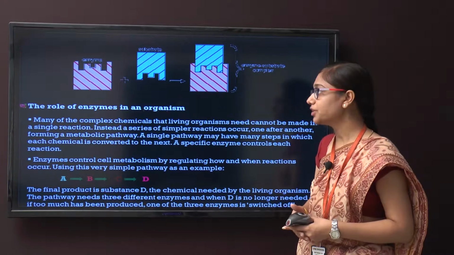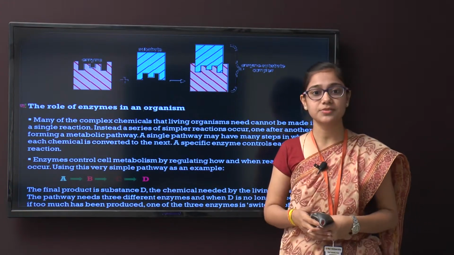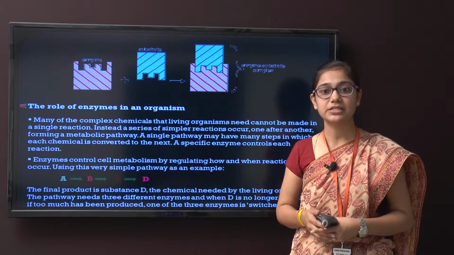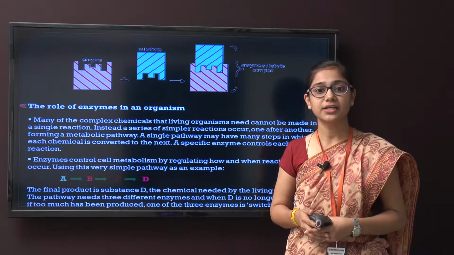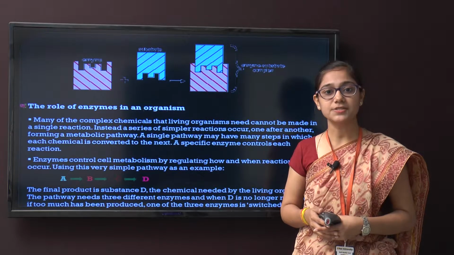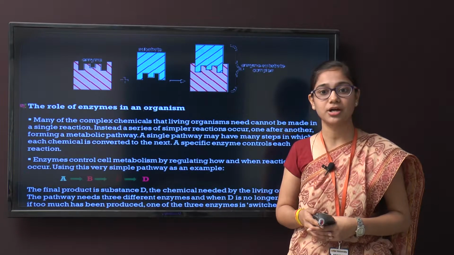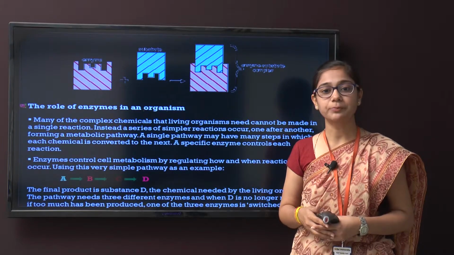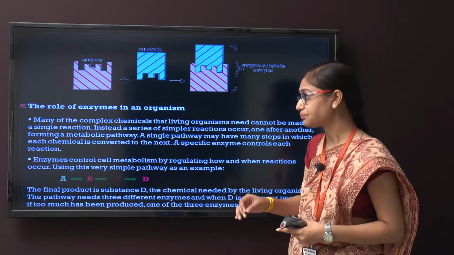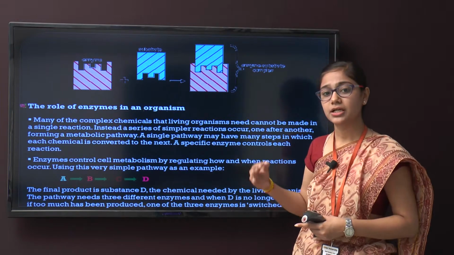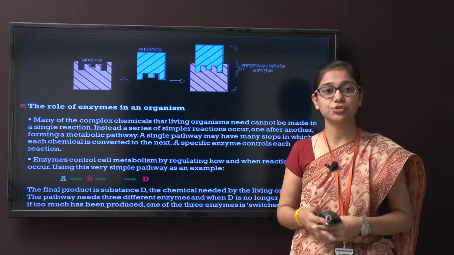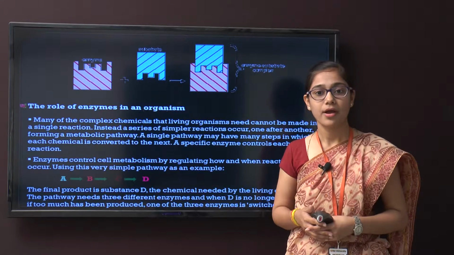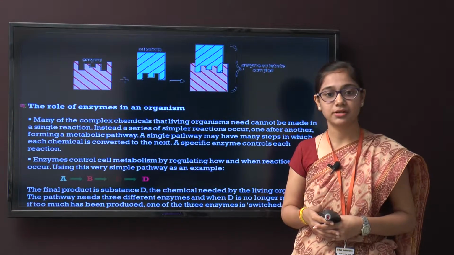Now the role of enzymes in living organisms. Many of the complex chemicals in living organisms cannot be made in a single reaction. Instead, a series of reactions occurs one after another, forming a metabolic pathway. Here you can see A, B, C, D. Enzymes control cell metabolism by regulating how and when a reaction occurs.